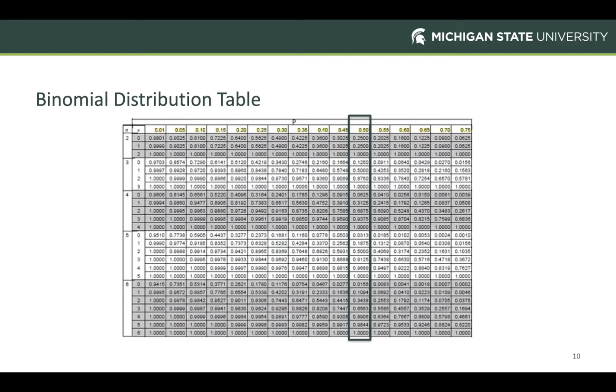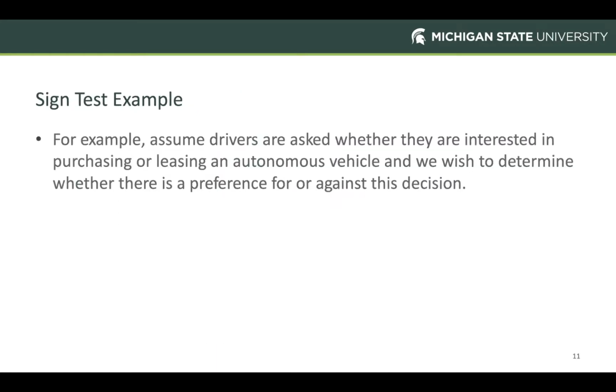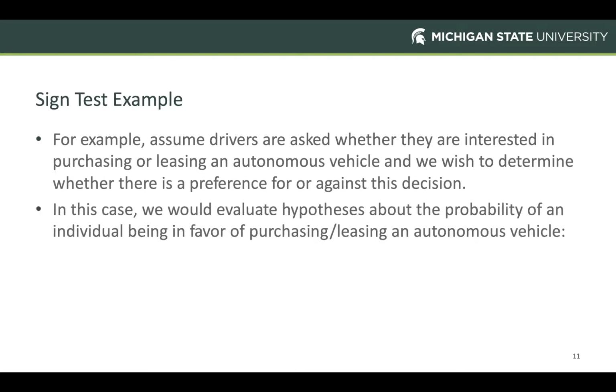And so with the case we're working with, we're concerned just with that 0.5 distribution. Let's say, hypothetically, drivers are asked whether they're interested in purchasing or leasing an autonomous vehicle, and we wish to determine whether or not there's a general consensus as to people having a preference for or against the purchasing of an AV or leasing it under whatever context we're evaluating this.